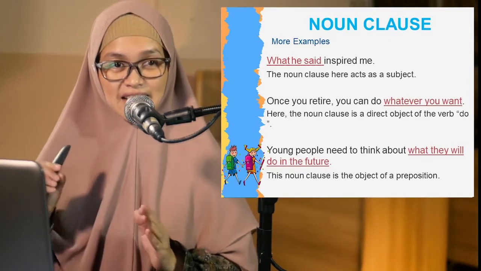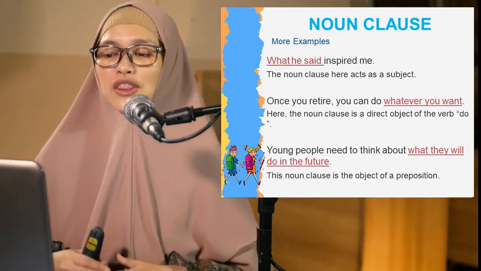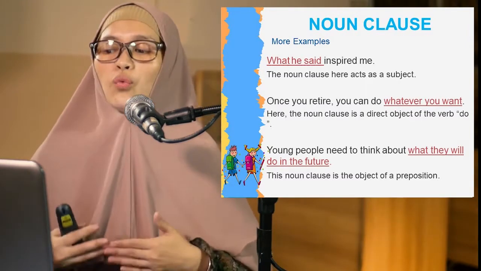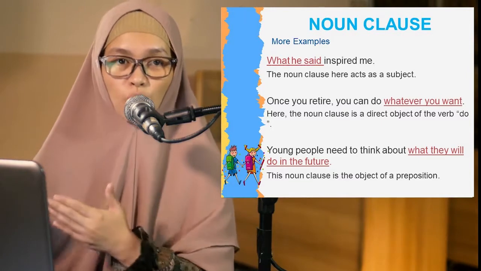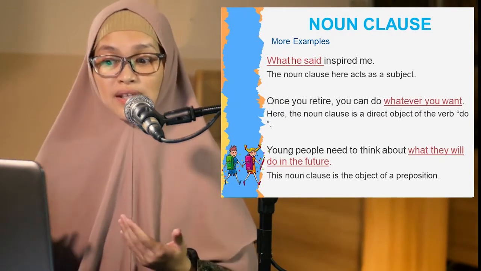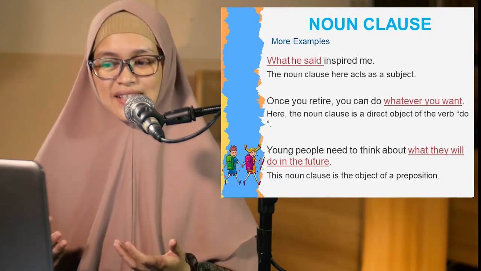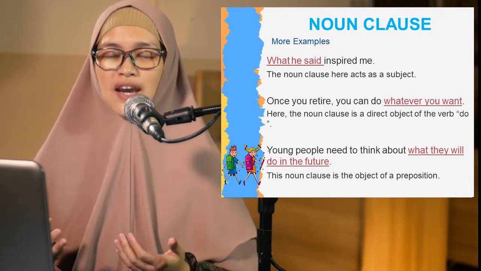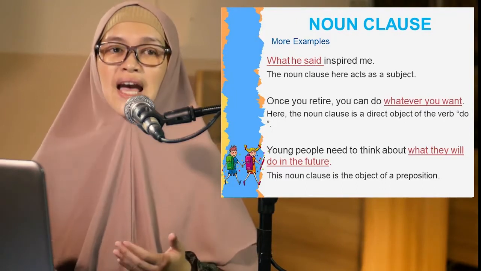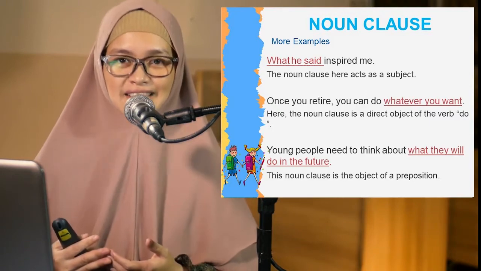And the last example is, "Young people need to think about what they will do in the future." "What they will do in the future" is a noun clause. It is the object of the preposition "about". I hope you can understand that, okay?